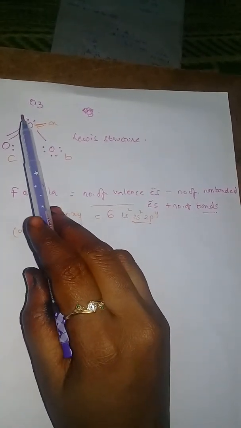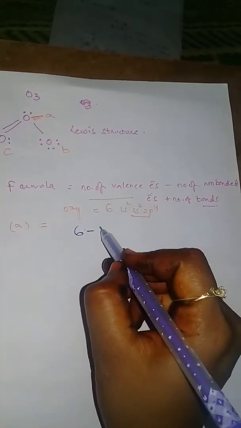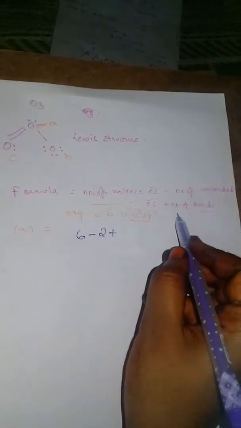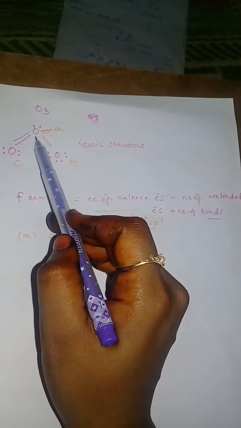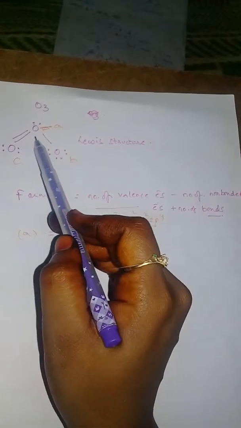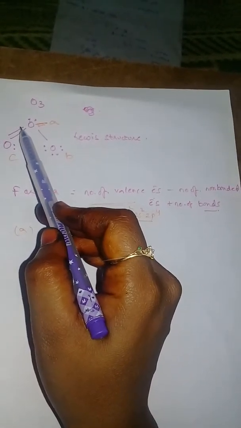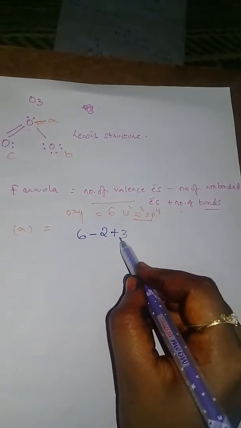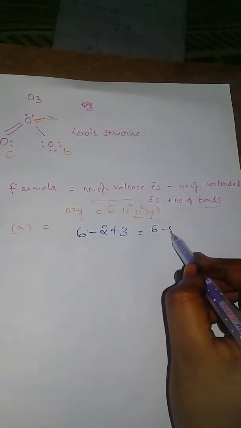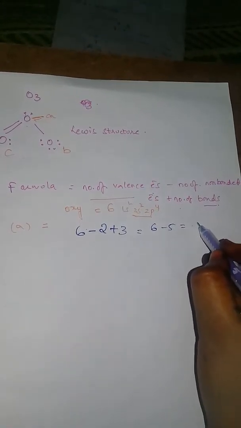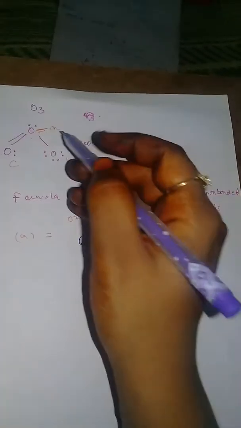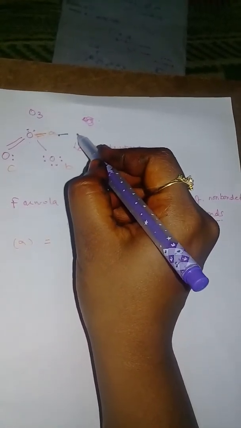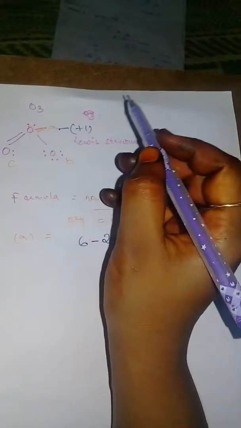See how many non-bonded electrons? 2 non-bonded electrons. Plus number of bonds for this atom. How many surrounding bonds? 1, 2, 3. 3 bonds, so 6 minus 5 is equal to plus 1. So for atom A the formal charge is plus 1.